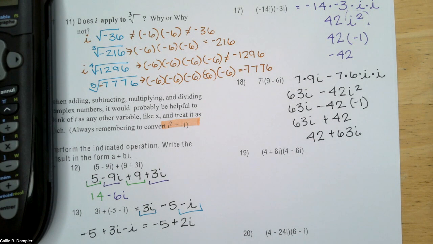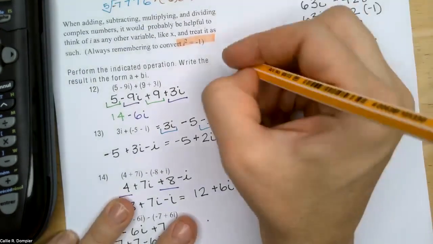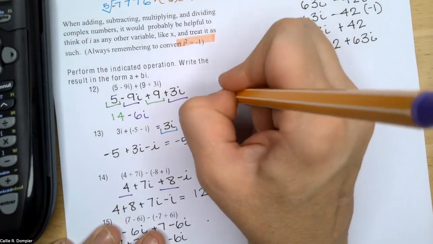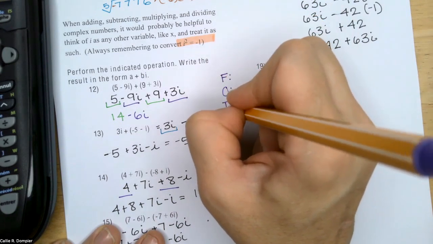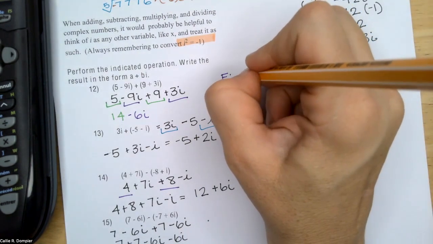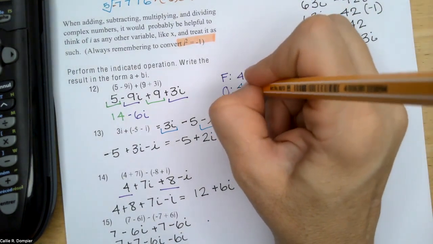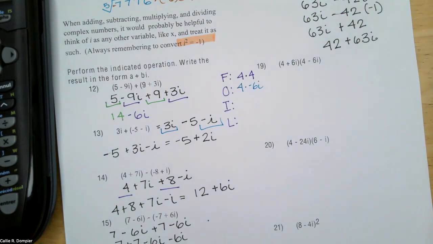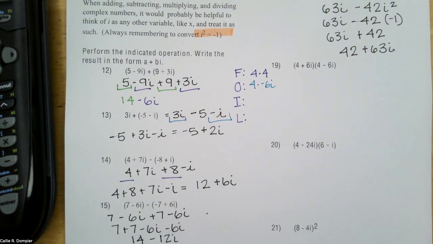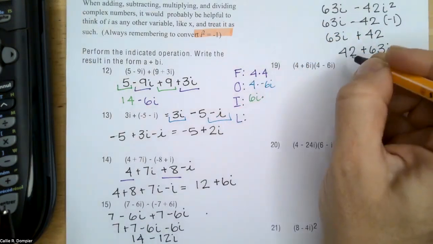Good. All right, moving on to binomial times binomial. You're just FOILing, okay? So we can just go first, outside, inside, last, okay? First, we have 4 times 4. Outside, we have 4 times negative 6i. Inside, we have 6i times 4.